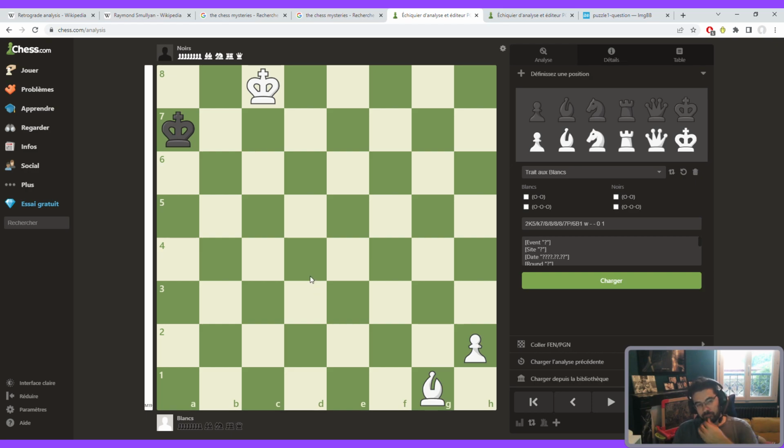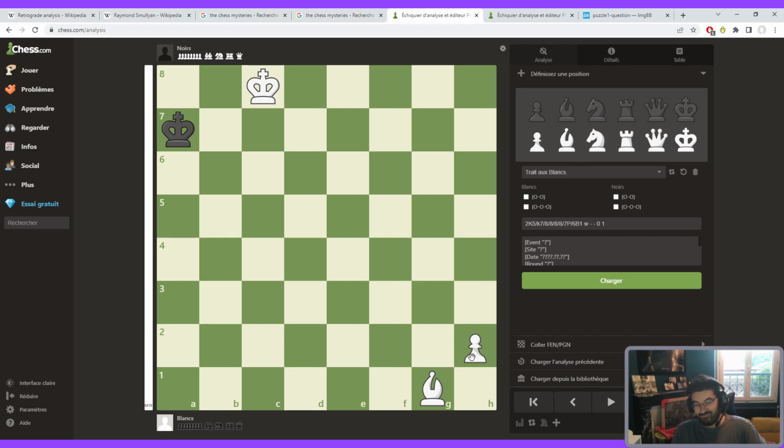Okay, so it means that the last move was not the bishop for white. So it must be a piece which was actually on the diagonal b6 to f2, and this piece moved and it revealed a check.